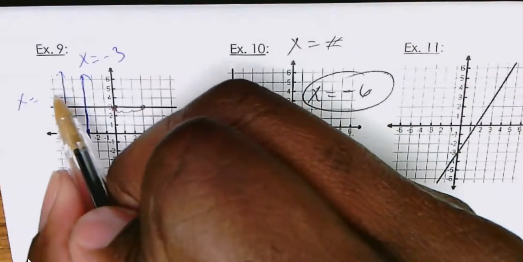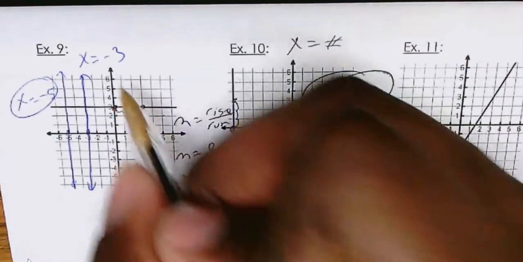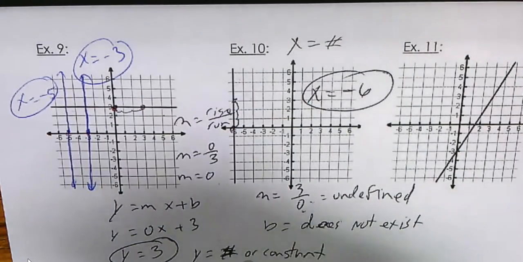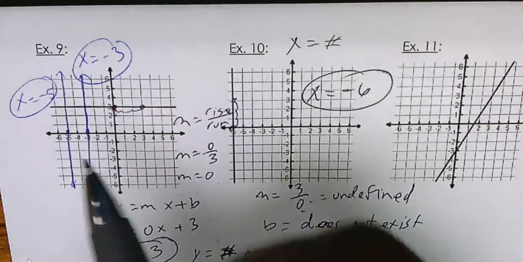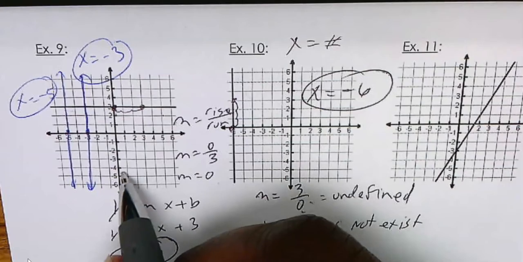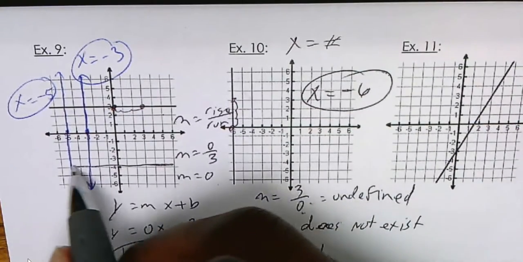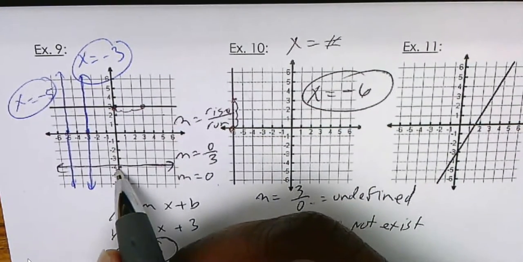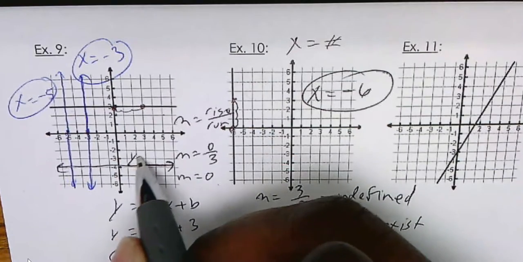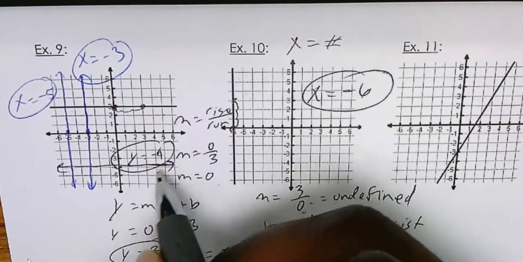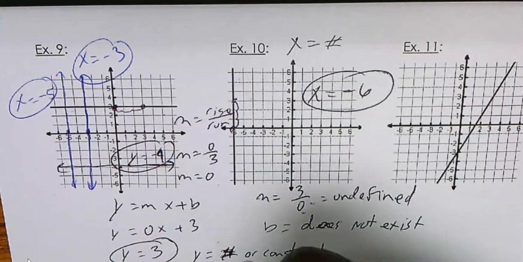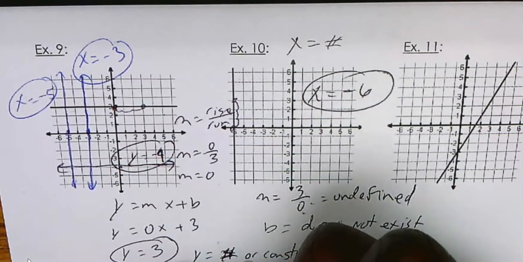So that line would be x equals -5. So vertical lines are always x equals. Horizontal lines are always y equals. So had I given you this line, it crosses at -4. So it's y equals -4. Because my slope is 0, and I cross the y-axis at -4.